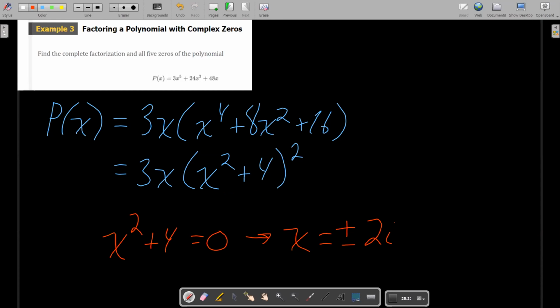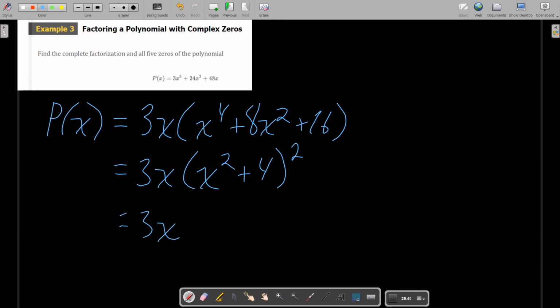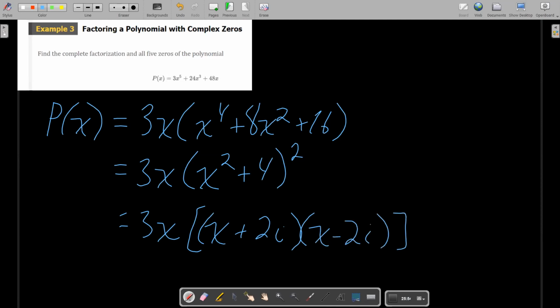So what we're going to do here is now rewrite this as 3x times x plus 2i, and then x minus 2i, and all that is squared.